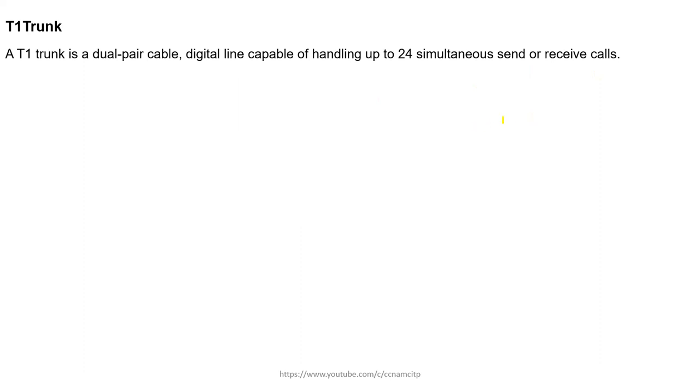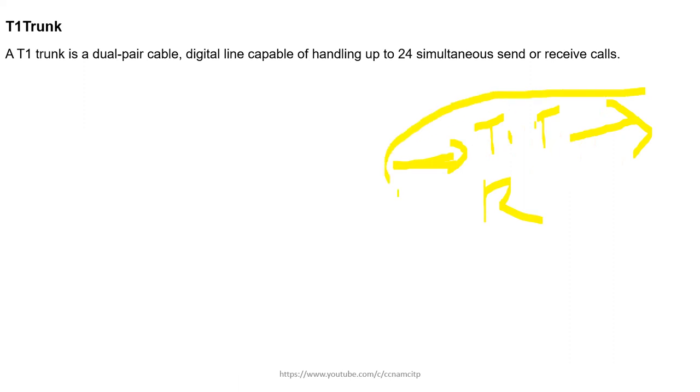For example, this is your T1 trunk, this is receiving and this is sending. So both are possible at a time simultaneously, and it is capable of handling 24 simultaneous calls, send and receive.